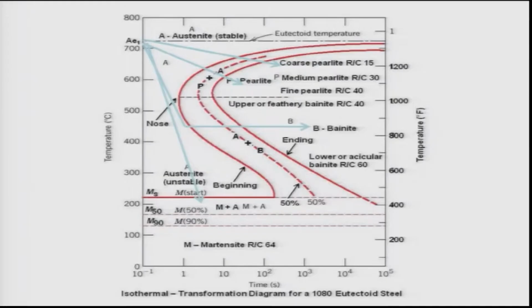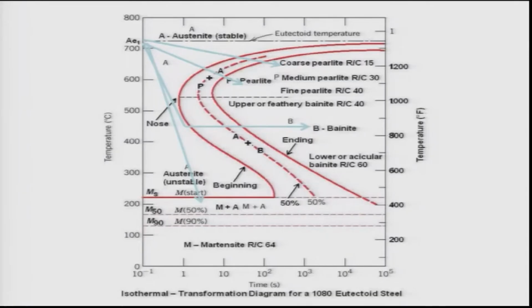The temperature reached is also lower, below about 600 degrees Celsius, so the driving force increases compared to the previous one, and the time given is also small. Therefore the diffusion length scale becomes shorter, which reduces the interlamellar spacing in the pearlite, leading to fine pearlite, and hardness can jump from 15 to about 40 on the Rockwell C scale. That is actually good. So if you want to change the hardness of pearlite, you can cool it faster, but not very fast obviously.